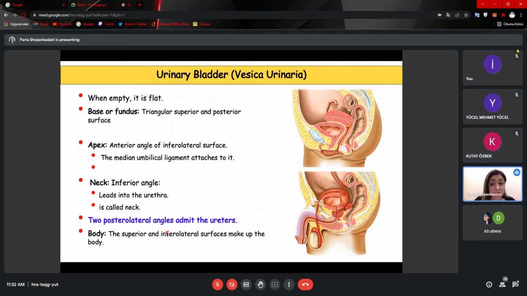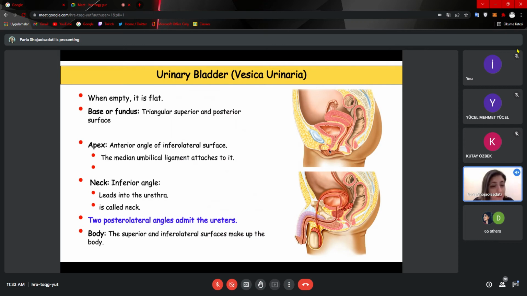internally. And the neck is the inferior angle of this organ. Here is named the neck part. The neck is surrounded by the prostate gland in the male, but in the female it's spared and continues with the urethra.